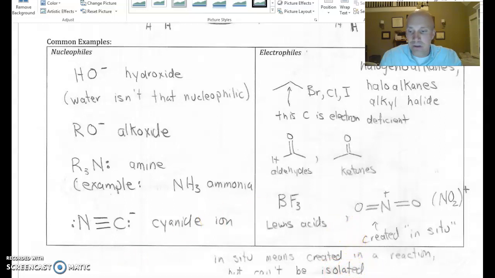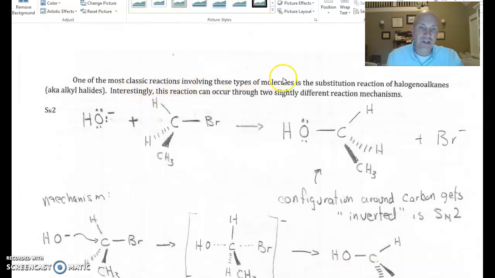So a very classic reaction that involves an electrophile being attacked by a nucleophile is what's called a substitution reaction of halogenoalkanes. Again, a lot of times these types of compounds are just referred to as alkyl halides.